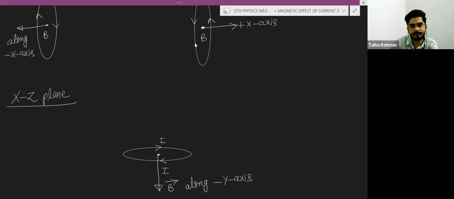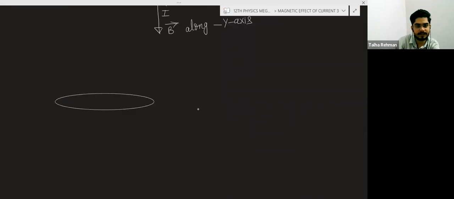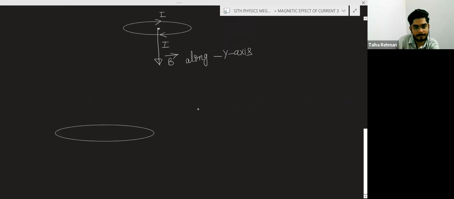And suppose you have a coil like this, and the current in this is this. When you apply the modified right hand thumb rule, you will get the direction of magnetic field in this direction, positive y-axis.